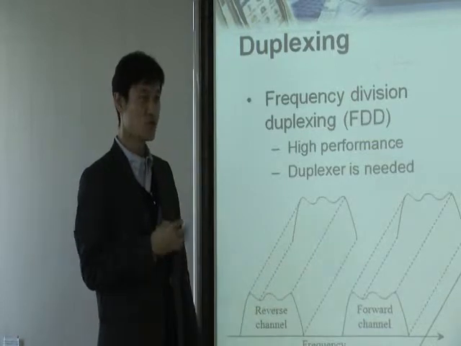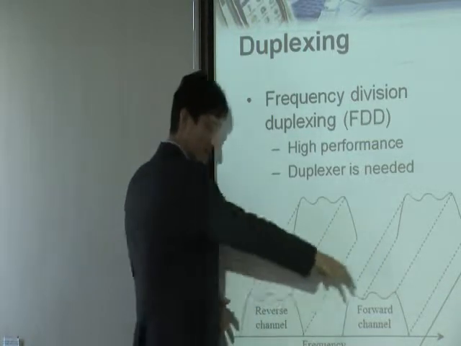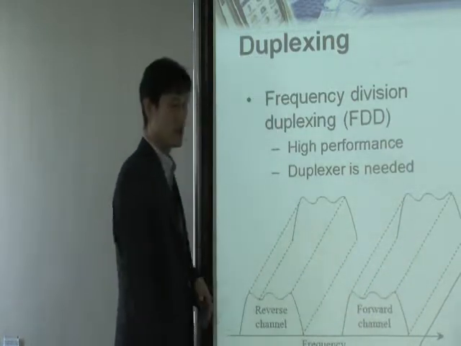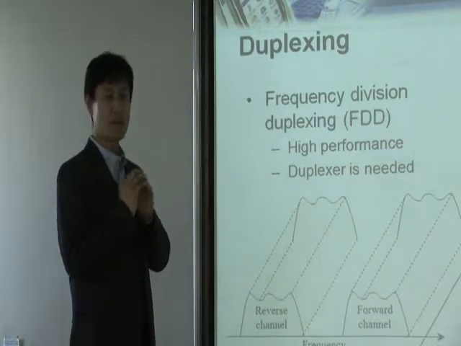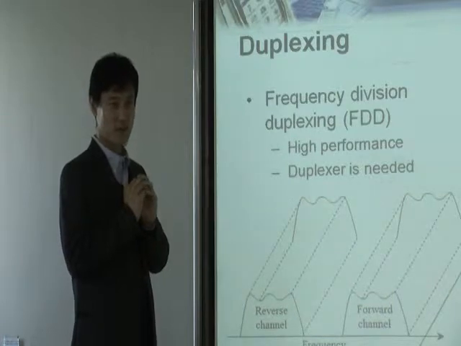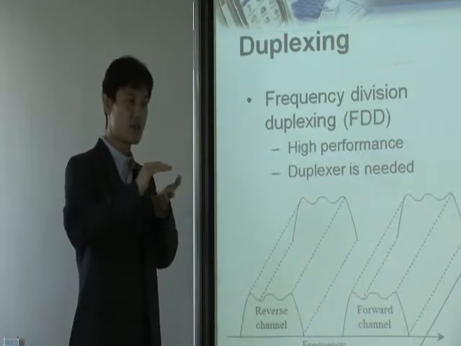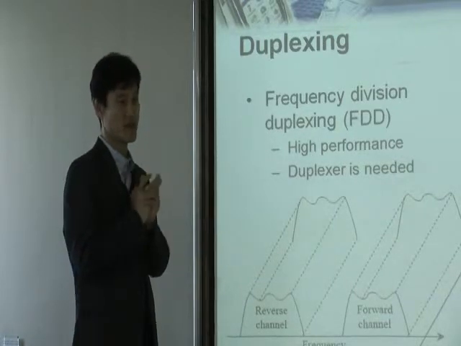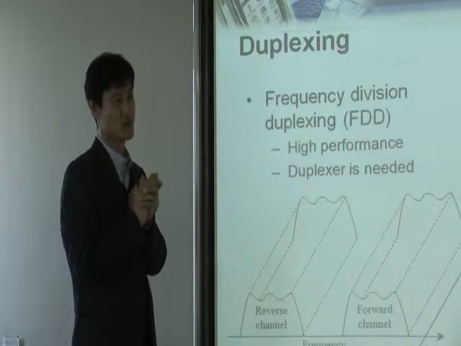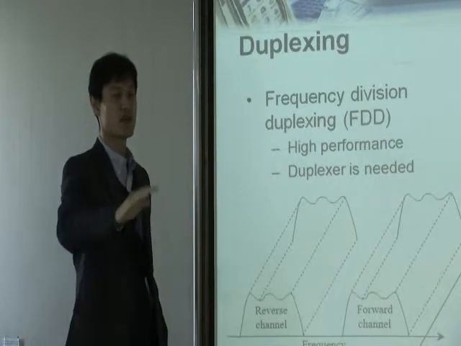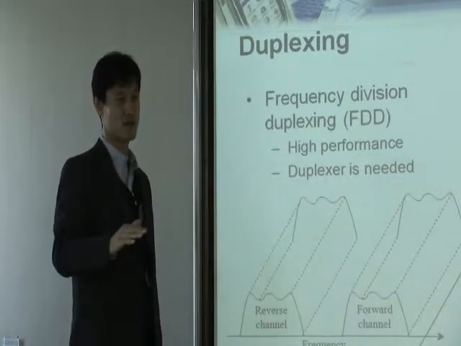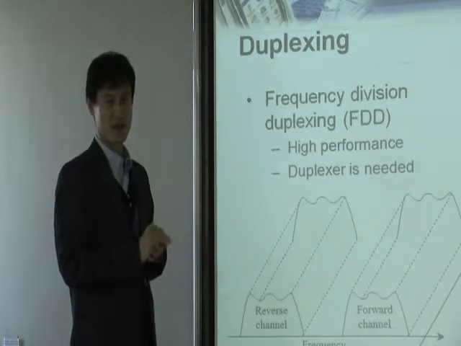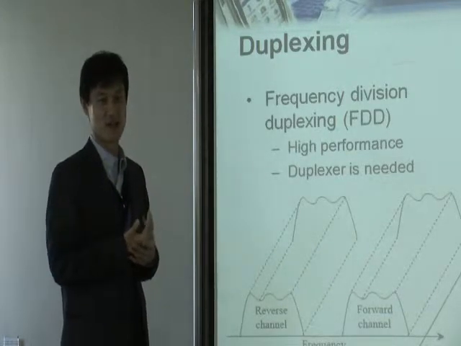In uplink, users transmit. So let's reverse this so that the uplink transmits at a little bit higher frequency. In that case, in order to receive the same power at the base station, the users have to transmit more power. That's definitely what you don't want, right? You want the users to transmit as low power as possible, so that they can save the battery and have a longer battery life.